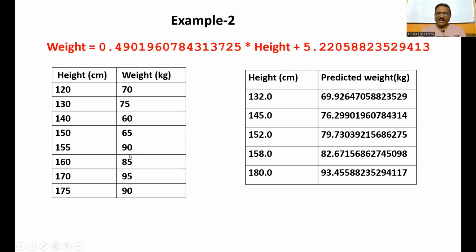Again, I am calculating b and a, and the equation is going to be of this format. The predicted values for 132, 145, and 152 are these. This is how a different example with different weights and heights is represented.